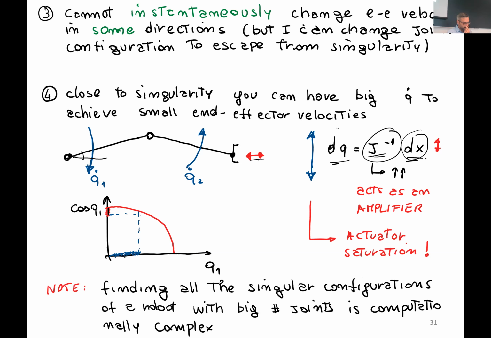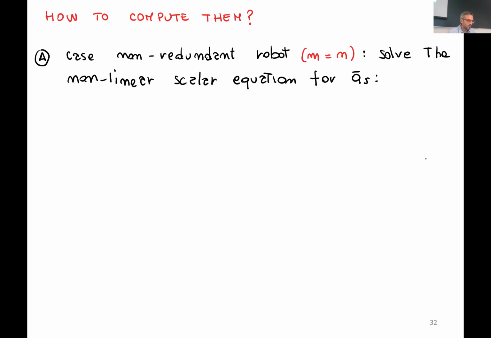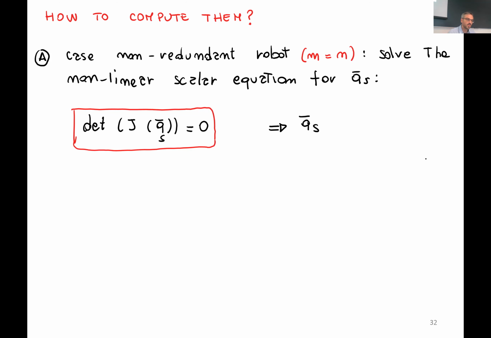So we want to compute these singularities, but finding the singular configurations of a robot with a big number of joints is not easy, it's computationally complex actually. And to compute them, we can try different ways. In the case of a non-redundant robot, where m is equal to n, we can check, as I said, we have the inverse, so we can check the determinant of the Jacobian matrix and see the configuration where it gets 0.